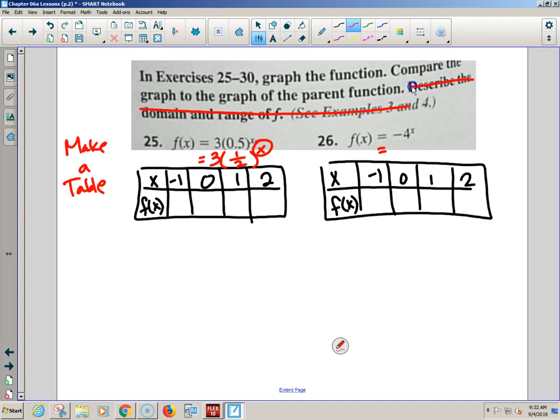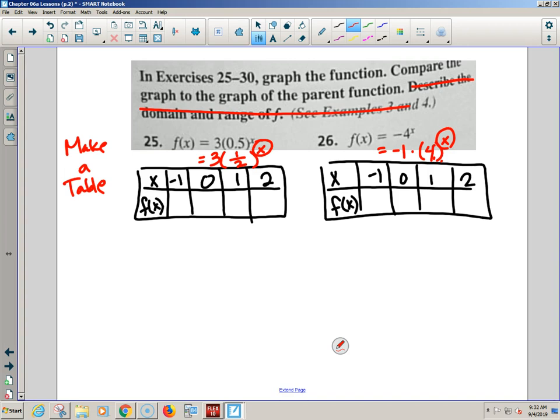Except, are there parentheses? Yes or no? So actually, it's -1 times 4 to the x. Or we could even do negative 1 times 4 to the x all in one parenthesis. So that might have thrown a few of you off on that one too. Plug it in. So either you're doing this in your notes, or you're checking your homework.